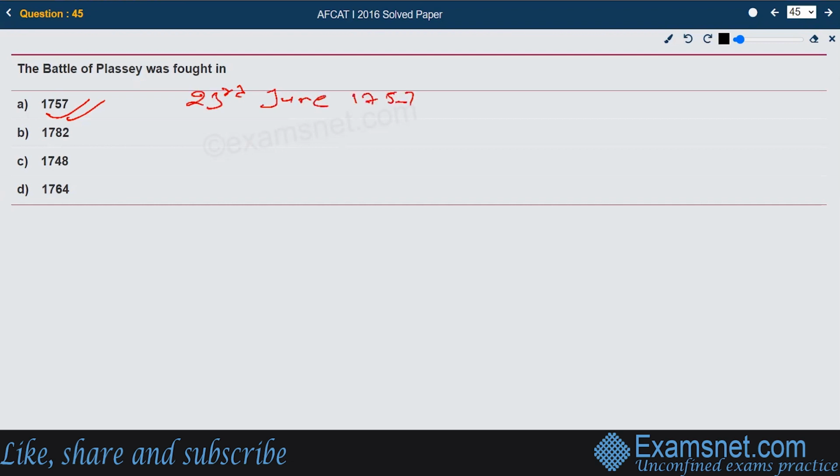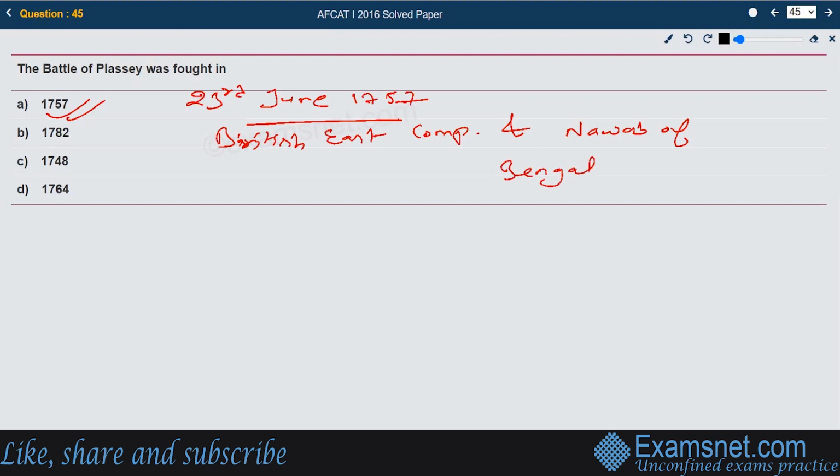That is the precise date, and it was fought between the British East India Company and the Nawab of Bengal and his French ally, establishing company rule in South Asia, which expanded over much of the Indies for the next 190 years.